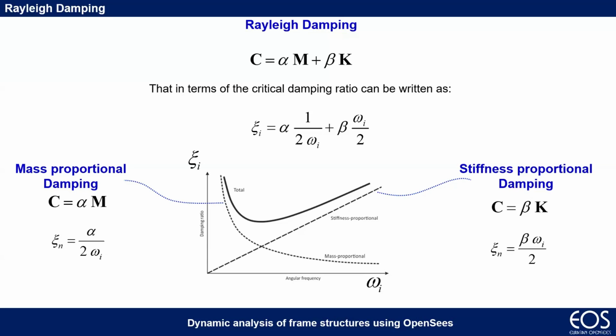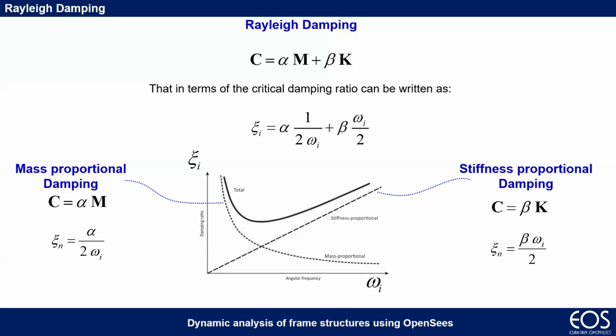So it's just a linear combination of the other two terms that you already know, okay? You know how to declare masses, you know how to declare stiffness, okay? The only problem now is just how to find these two weights, alpha and beta, how to give the two weights to mass and stiffness to sum them. With easy math manipulation, we can find that the damping related to the critical damping ratio can be found as a function of the frequency of the structure, okay?